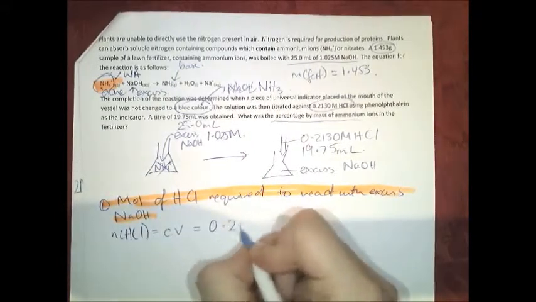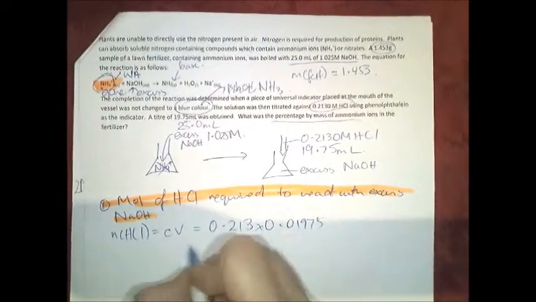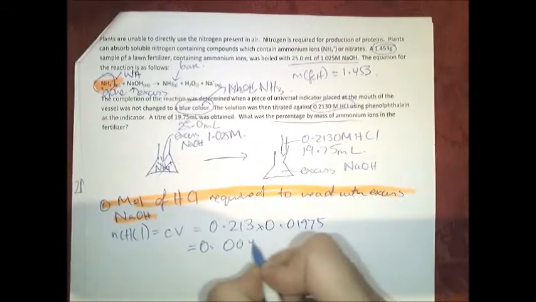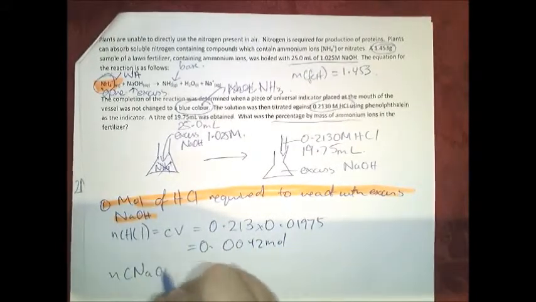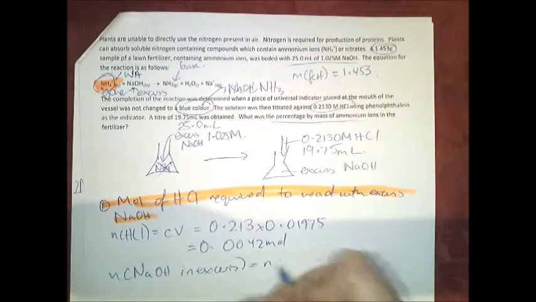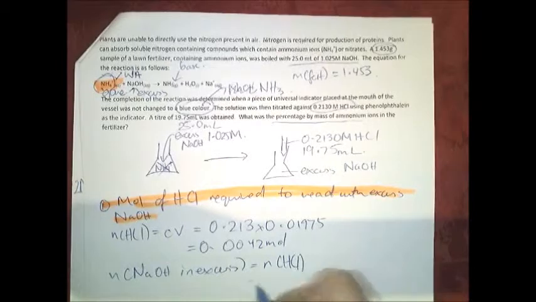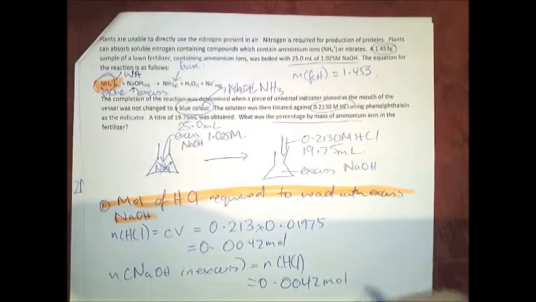The moles of HCl equals CV, 0.2130 times 0.01975. The moles of NaOH in excess equals the moles of HCl required to react with it, which equals 0.0042 mole. Happy?